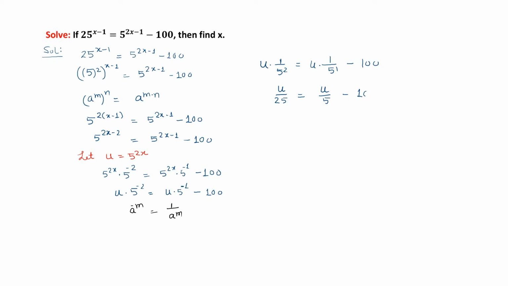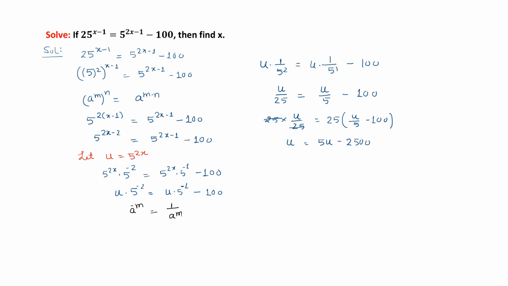If we multiply 25 on both sides of the equation, we will get 25 times u divided by 25 is equal to 25 times u by 5 minus 100. Here the 25 cancels, so u is equal to 5 times u minus 2500.